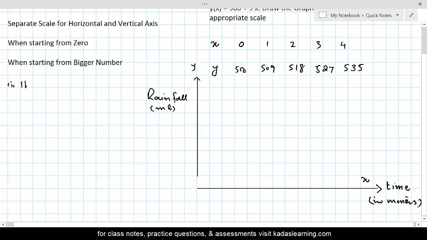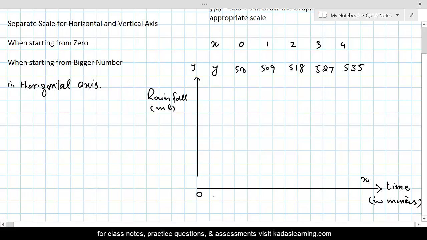And horizontal axis is pretty easy. We have to start from 0, and our values are luckily starting from 0, so no problem there.